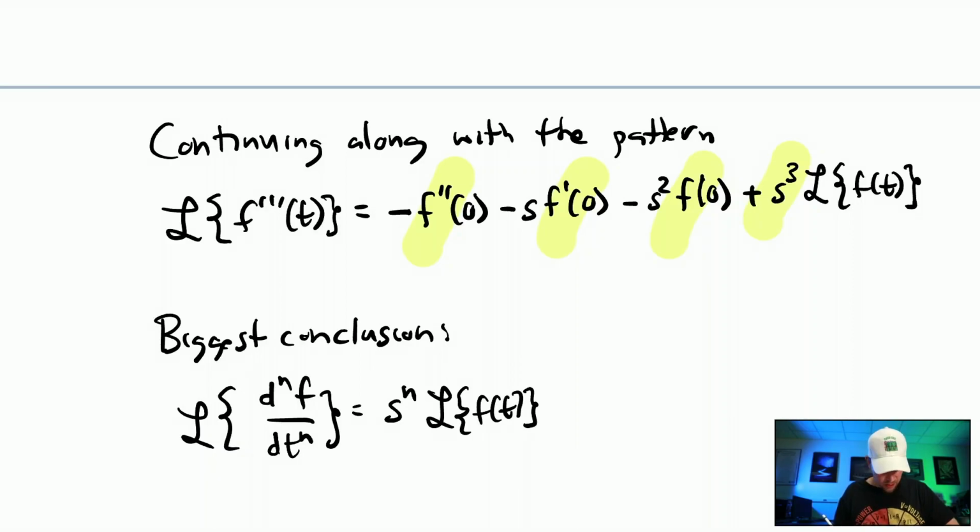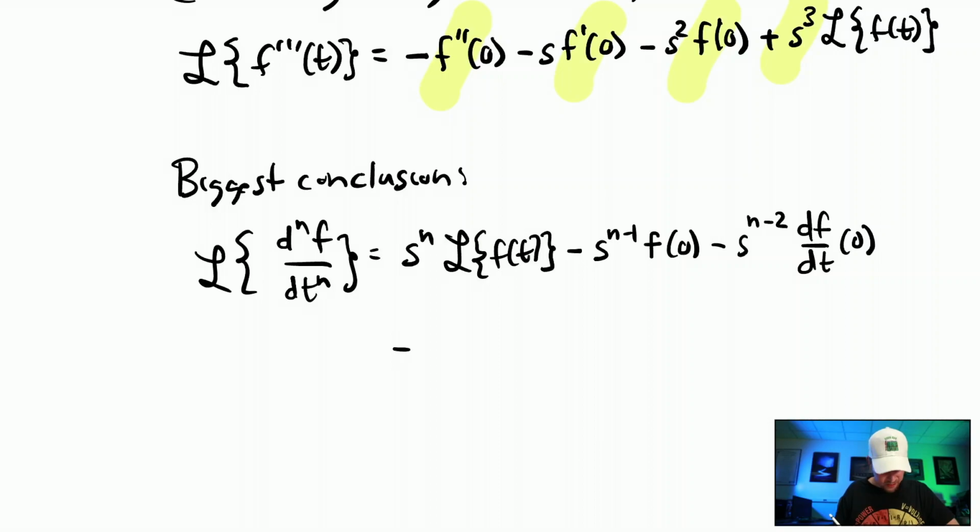and then minus s to the n minus 1 times the value of the function at 0, minus s to the n minus 2 times the derivative of that function at 0. They're all minus signs.